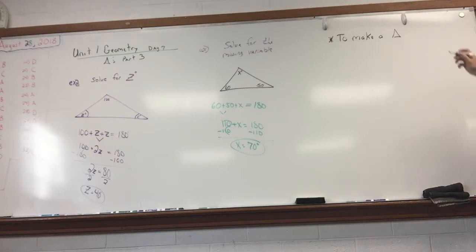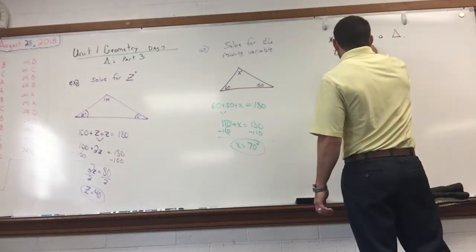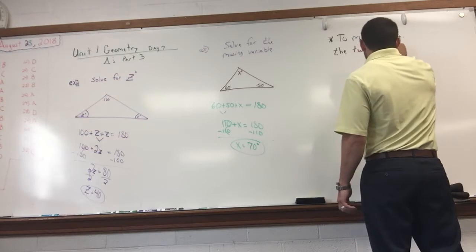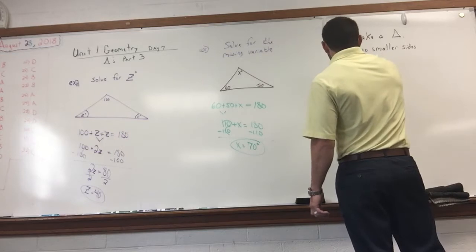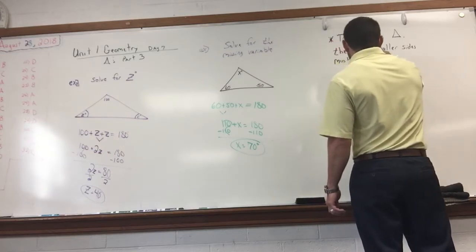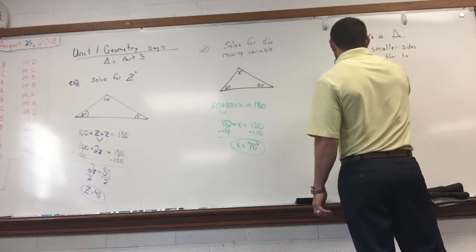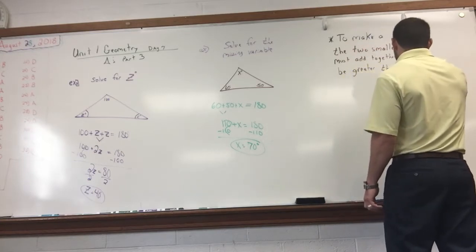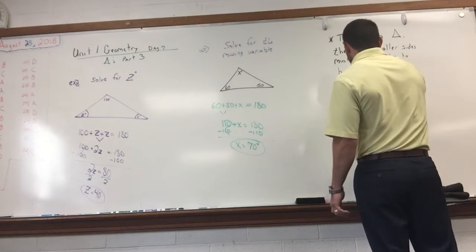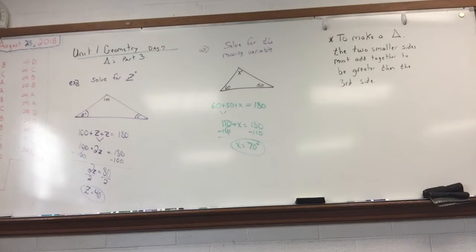To make a triangle, the two smaller sides must add together to be greater than the third side. That's a lot of writing. I want you to have it written down. I'm going to give you time.